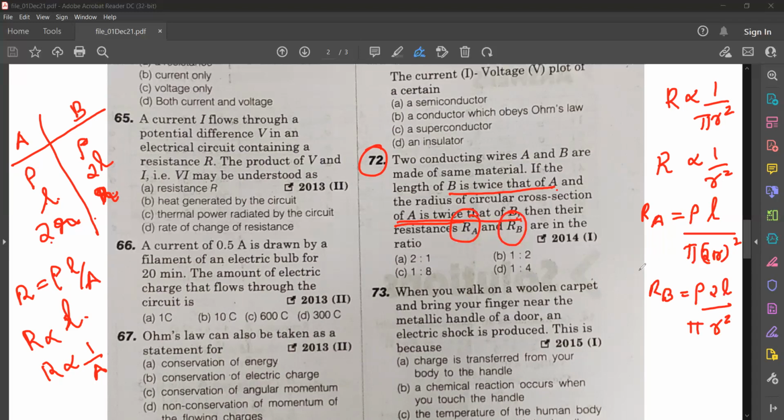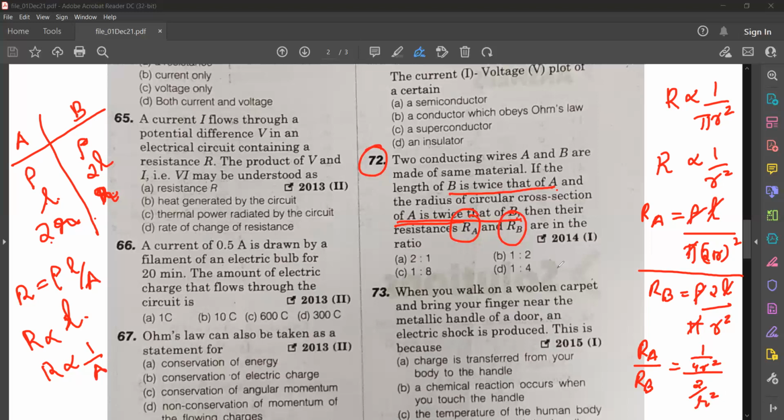Now you have to divide these to find the ratio between RA and RB. So RA by RB: rho gets cancelled, L gets cancelled, pi gets cancelled. Then here you have 1 by 4r square, since 2 square is 4r square, divided by 2 by r square.